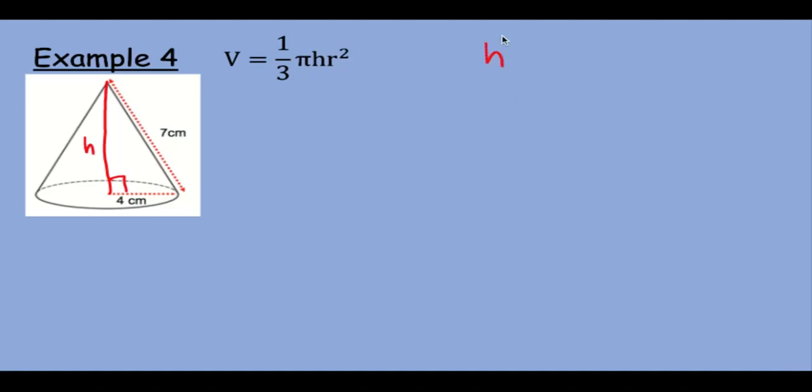We could say then that h squared must be 7 squared minus 4 squared, 49 minus 16, which is 33. So h must be the square root of 33. We're going to leave it at that for the moment.